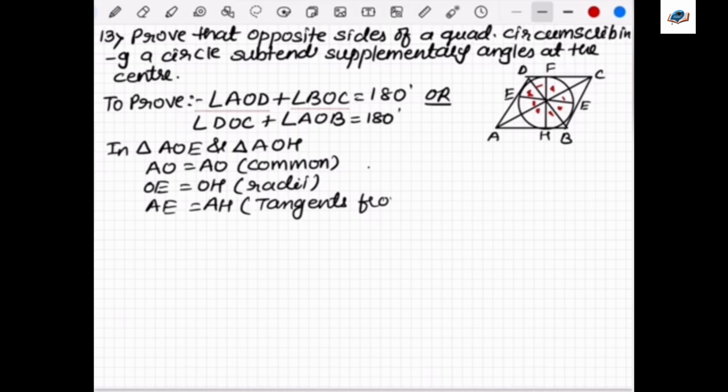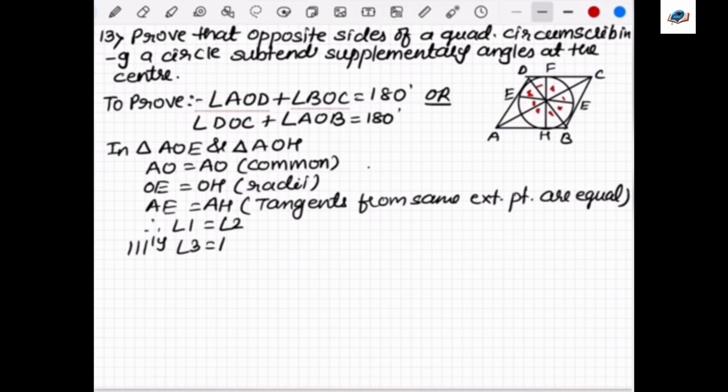Now adding all the angles, I will have angle 1 plus angle 2 plus angle 3 plus angle 4 plus angle 5 plus angle 6 plus angle 7 plus angle 8 equal to 360 degree, because they are forming a complete circle. So 2 of angle 1, because angle 1 and angle 2 are equal. Then 3 and 4 are equal.